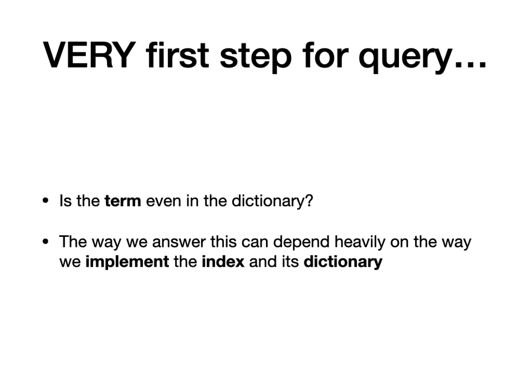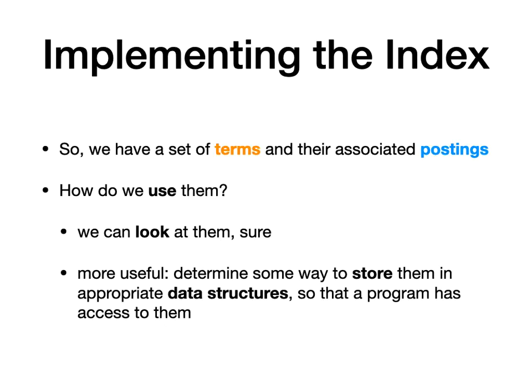So remember, we have our set of terms and all of their associated postings, but how exactly do we use them, right? We as humans can look at them, and that's what we've mostly done so far, right? We say, I see that this term has these postings. That's fine for a person, but we're slow. We're slow. This isn't for a human to dive in and dig up.